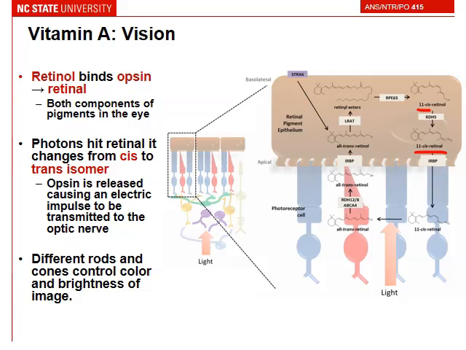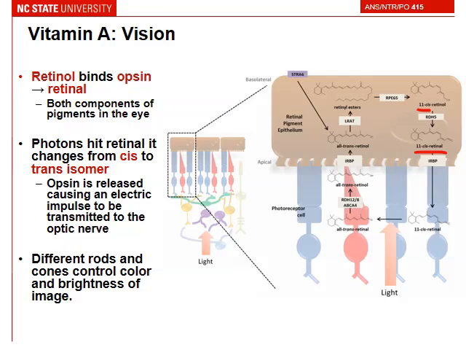And this happens in both the rods and the cones, so it's important both to see color and to just see black and white for night vision. So here we have our 11-cis retinal.